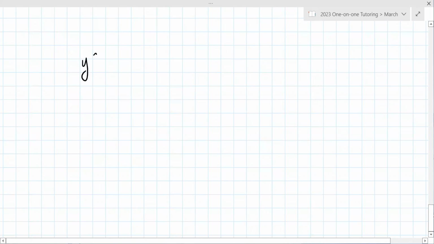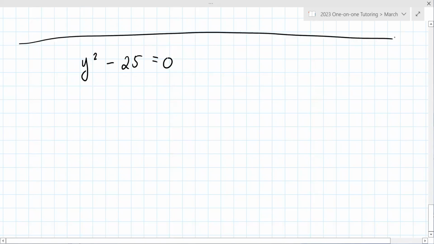Let's say it's y squared minus 25 equals 0. This is just another difference of squares problem. Go ahead and set this one up and see what you come up with for your two answers.